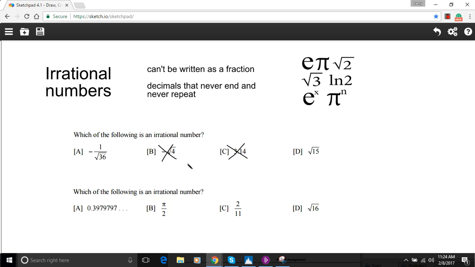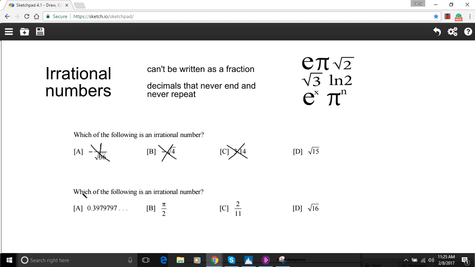That's not an irrational number. This one, the square root of 36 is 6, so this really would be -1/6. That's a fraction, so that can't be it. So it must be the square root of 15 unless I've made some mistake. If you're not sure and you want to verify it, just plug it into your calculator and you'll see this is a never ending and a never repeating decimal.